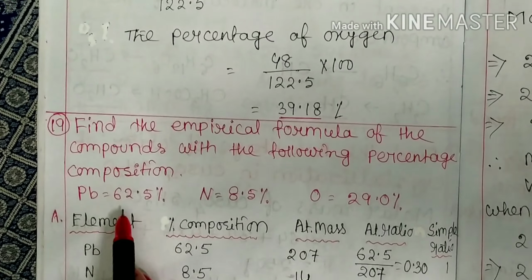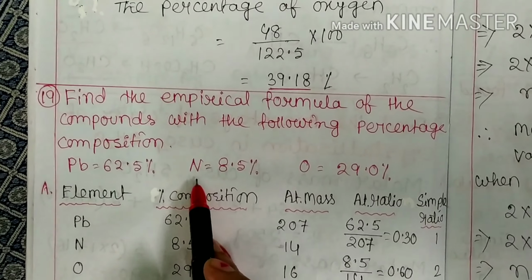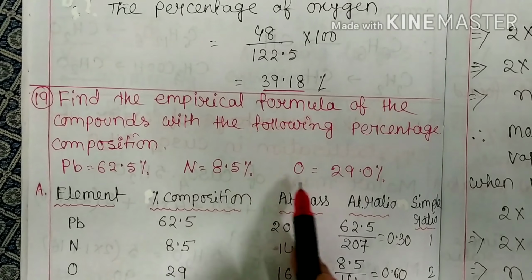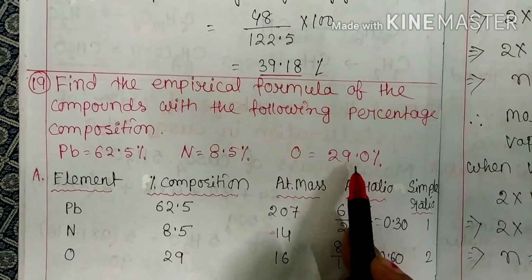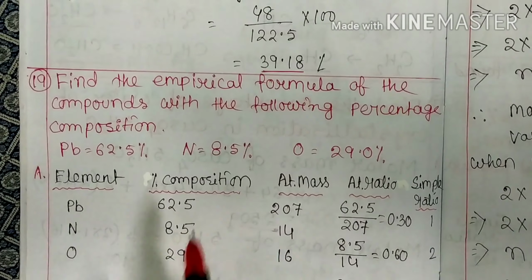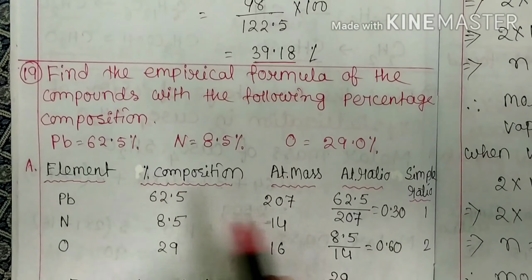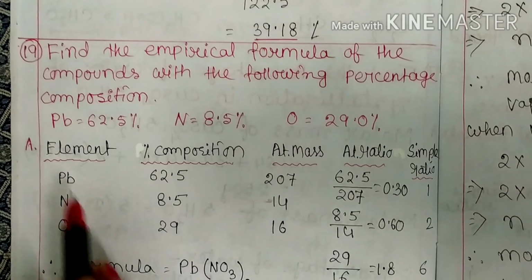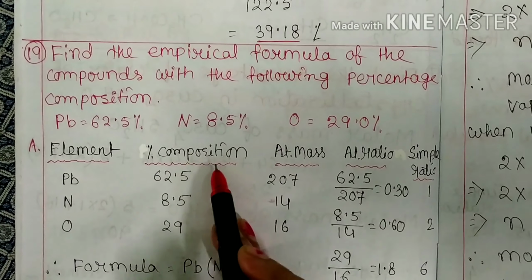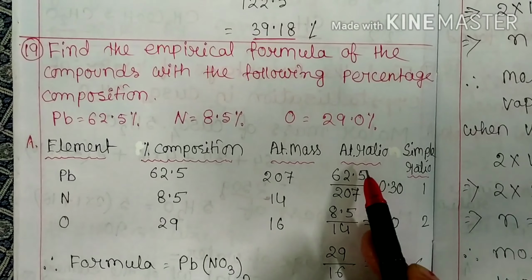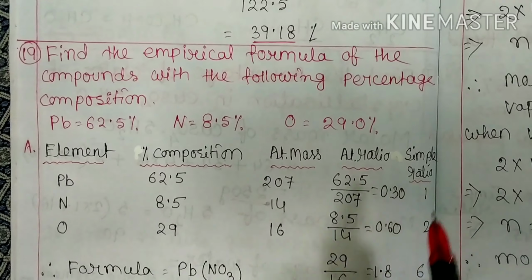Now 19. Find the empirical formula of the compound with the following percentage composition. Pb equals to 62.5%, nitrogen equals to 8.5%, oxygen equals to 29.0%. To solve this type sum, we should make first a table. See the table, first element, then percentage composition, then atomic mass, then atomic ratio and simple ratio.